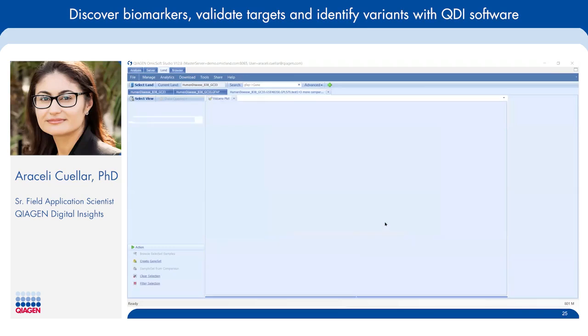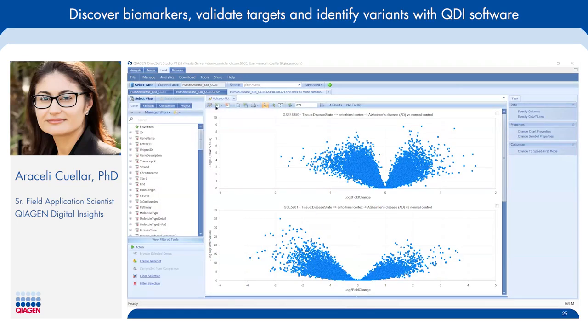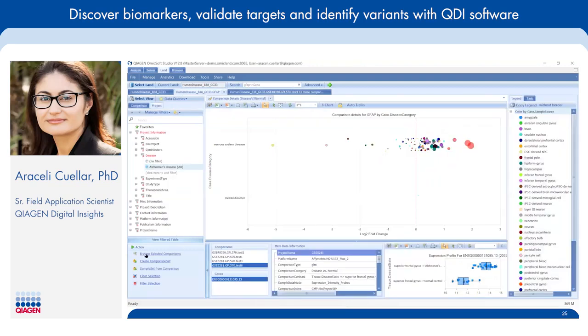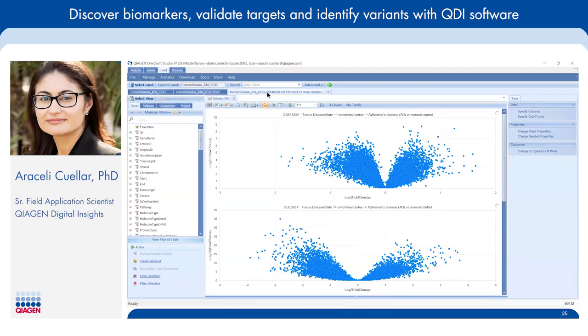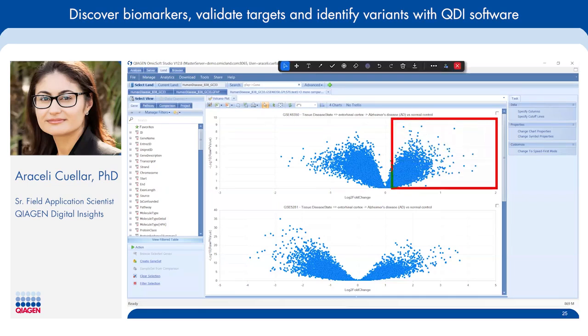That's great. And so here, as I mentioned, by clicking on the Browse Selected Comparisons, this is going to open volcano plots for each comparison that you selected, allowing you to identify genes that are either going to be upregulated or they're going to be downregulated.